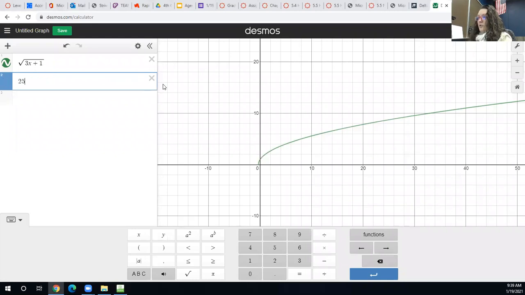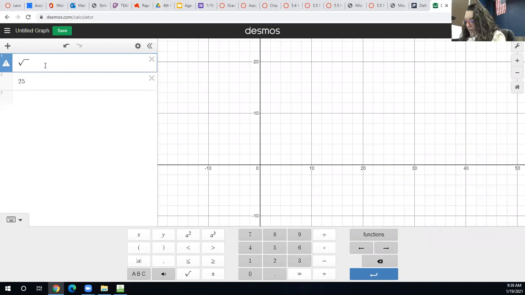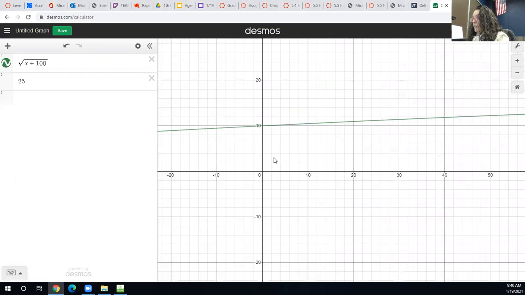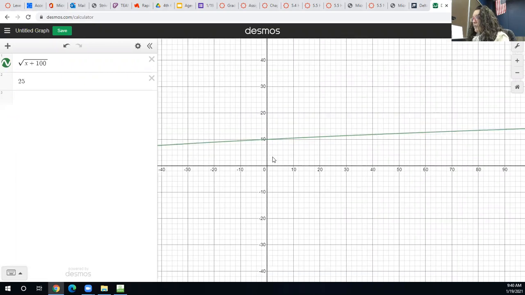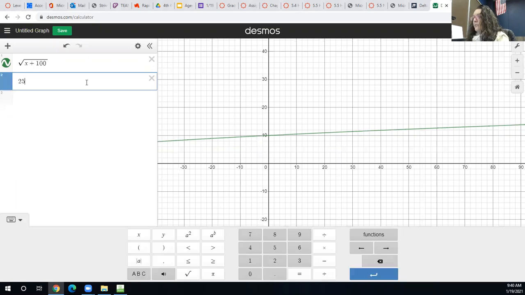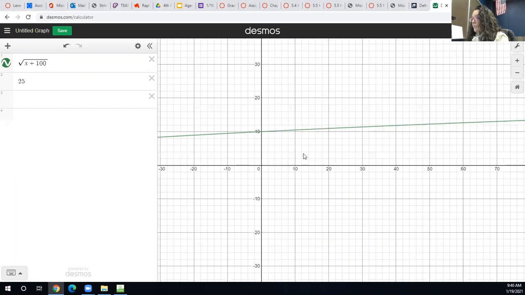One side of the equation is 25, and one side of the equation is x plus 100. So I want to know, where's my x equals 25? My y equals 25. Where did it go?